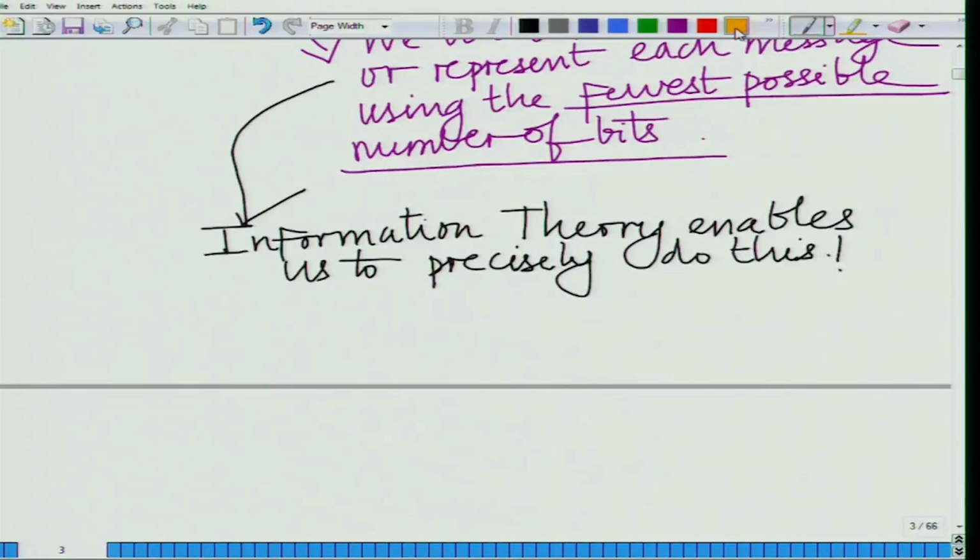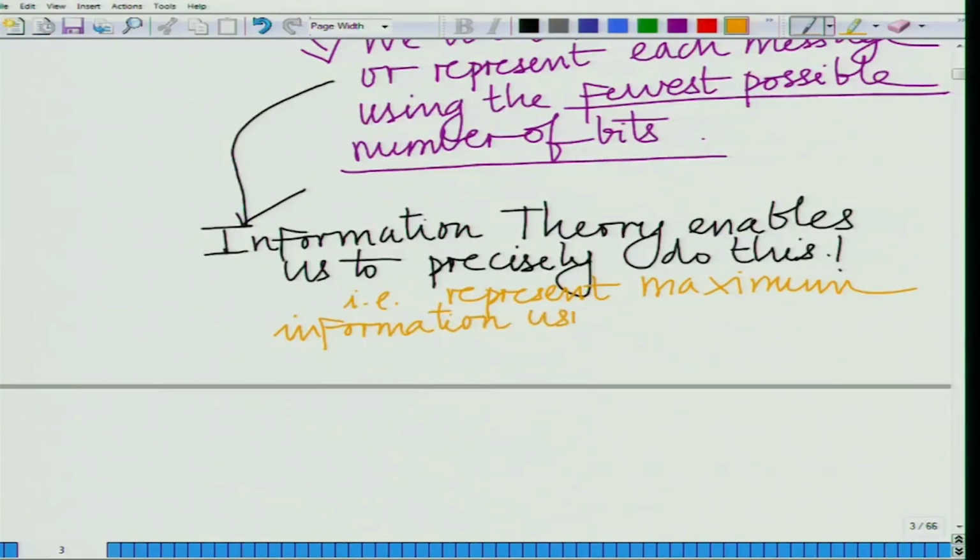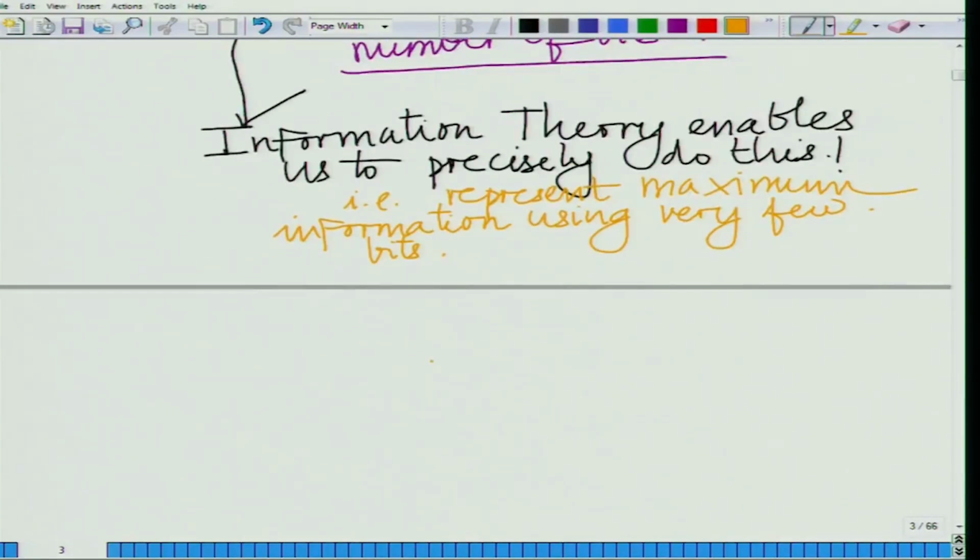Precisely do this, that is, represent maximum information using very few bits, or basically maximize information per bit.